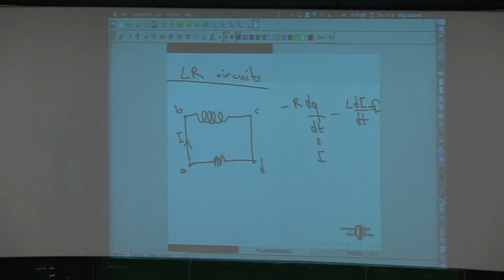So whenever you have inductors or changing magnetic fields, just forget about potential differences. It doesn't make sense because the electric field is not a conservative force field anymore.